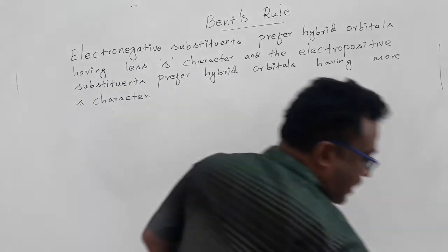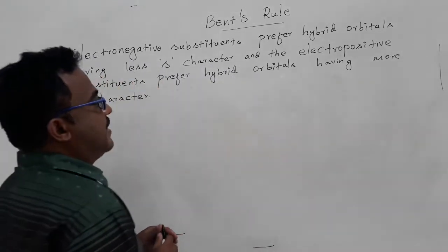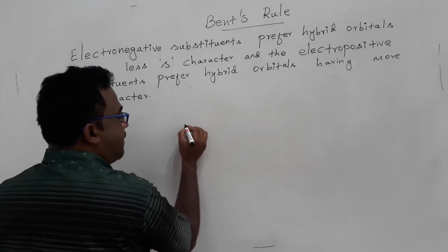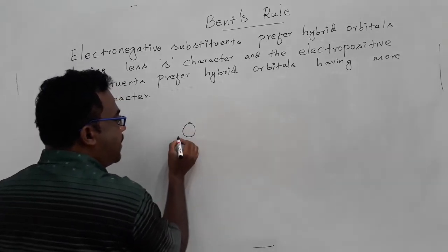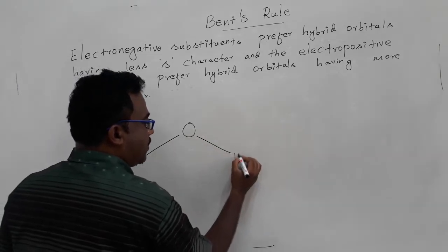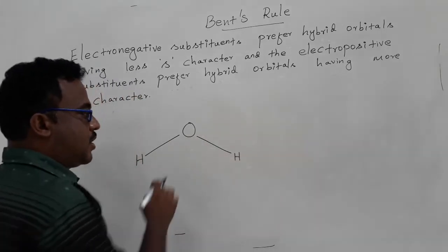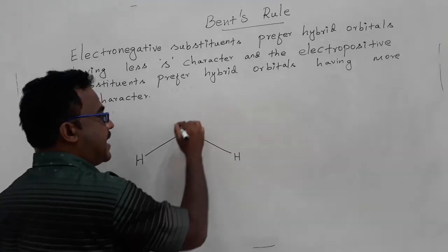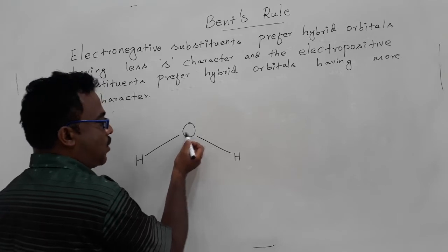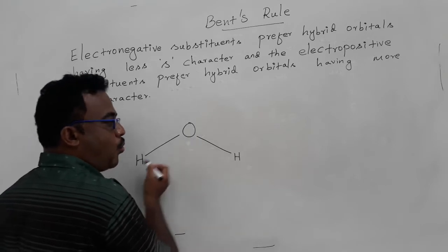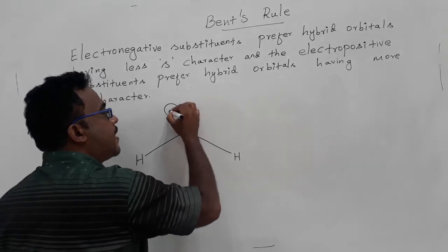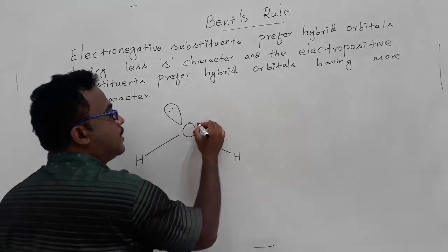That will deal with the bond angle of your molecule. Let me take a simple molecule, the water molecule. In water, the hybridization of the oxygen atom is sp3, and two sp3 hybridized orbitals overlap with the hydrogen atoms to form O-H bonds, and the remaining two hybrid orbitals each hold a pair of electrons.